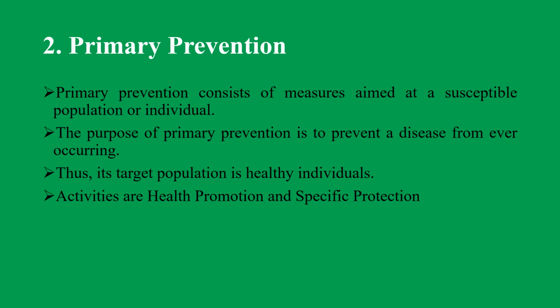So actions taken here are before the disease onset, and the actions limit the risk of exposure of the community or individuals at risk to prevent disease progression in a susceptible individual to subclinical disease condition. So it targets a population that is healthy, and the major activities here involve health promotion as well as specific protection measures.